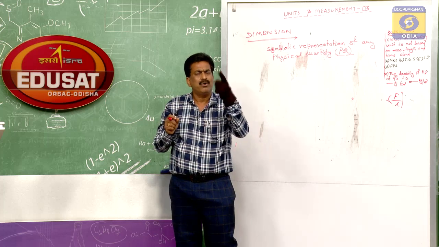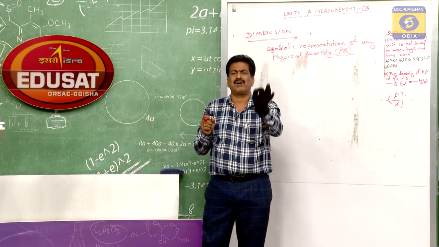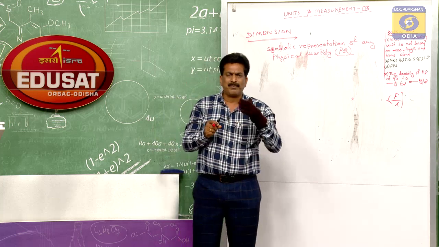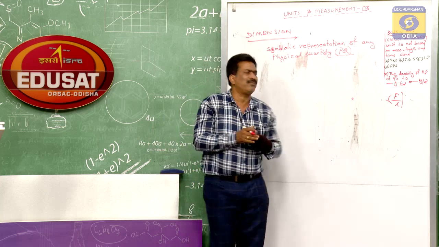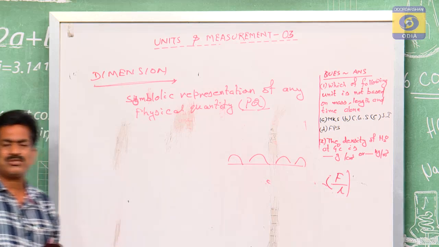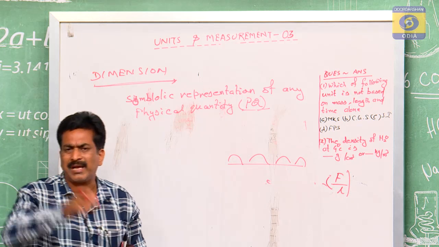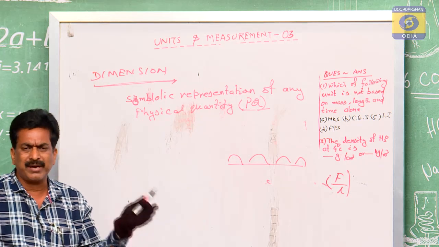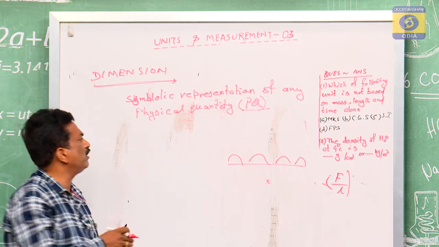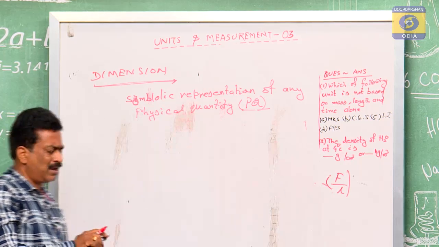On seeing that, we confirm that ahead there is a school, either primary, high school or any type of educational institution. Similarly, for a right turn or left turn, instead of writing it, only symbols are used. So, the symbolic representation of any physical quantity is called the dimension.